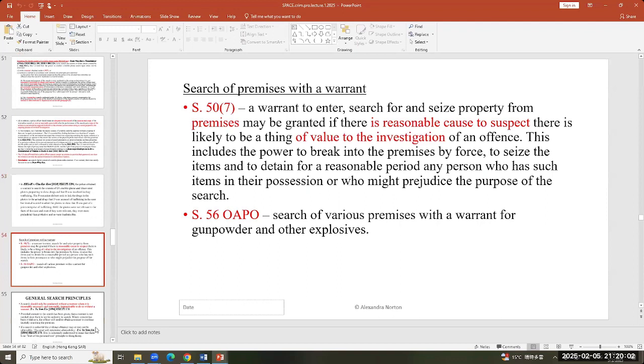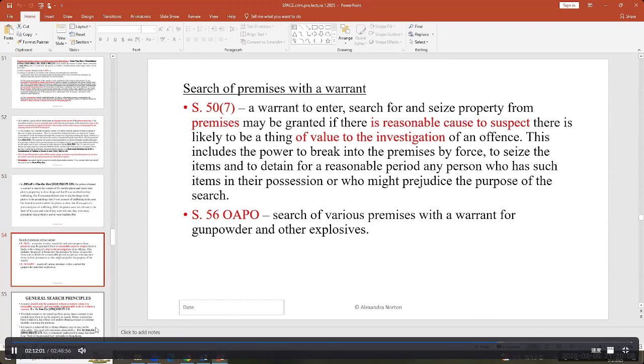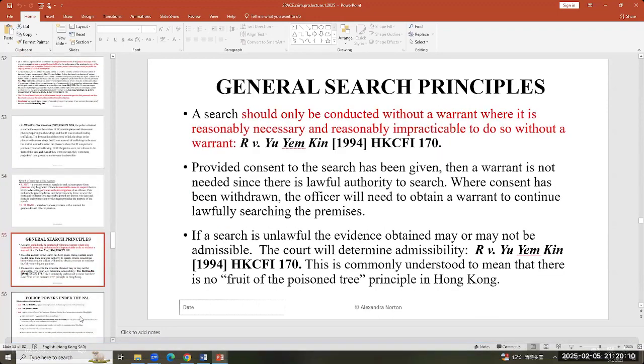So you can also get a warrant, of course, to search premises under Section 50 to Section 7. So generally, search principles, you should only search without a warrant if it's reasonably necessary and reasonably impracticable to do so without a warrant. In other words, if the evidence is in danger of being destroyed, then that would give justification for searching without a warrant.